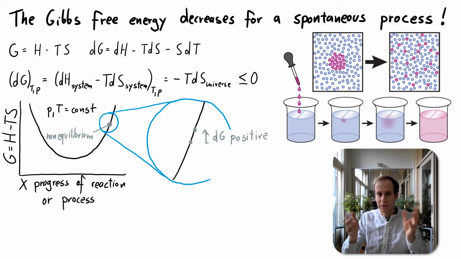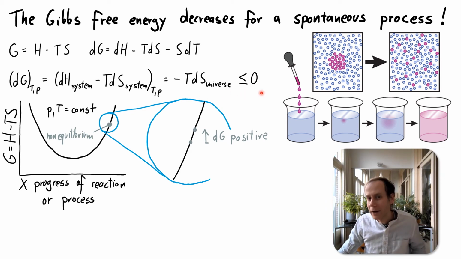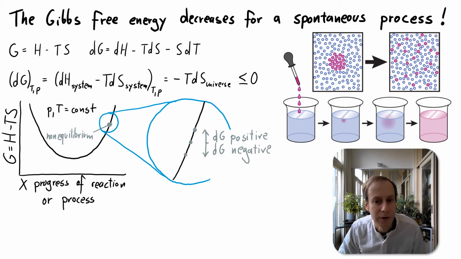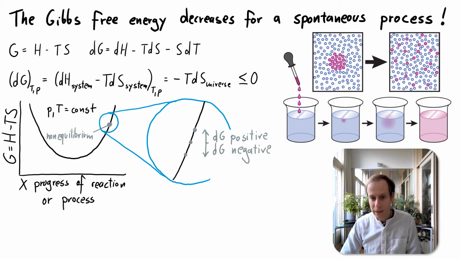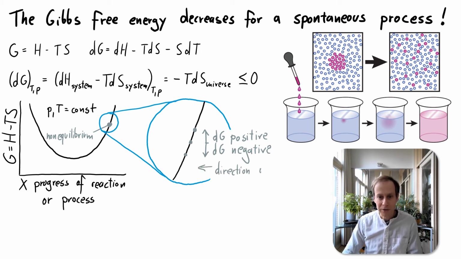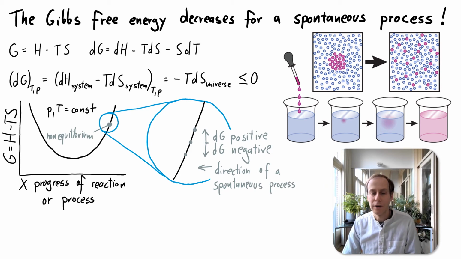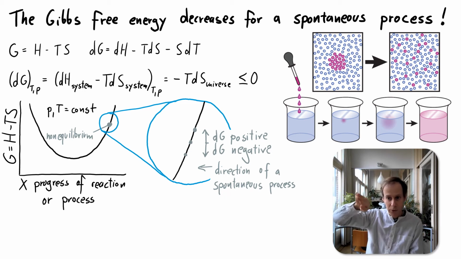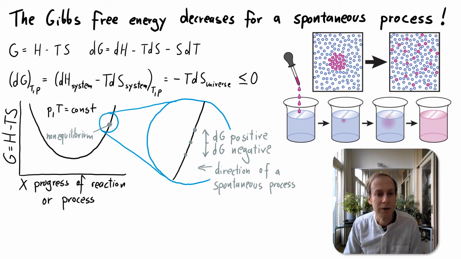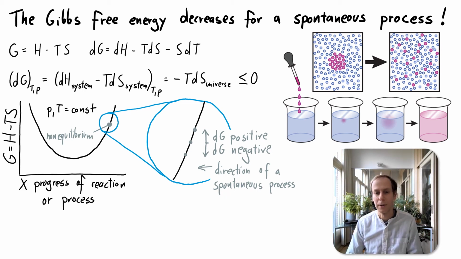So that is not what a spontaneous process would do, and therefore it would actually go down instead towards a negative change of dG. So the direction is indicated by into which direction dG will be negative. So in this case it will go down for a decrease of G for a spontaneous process.